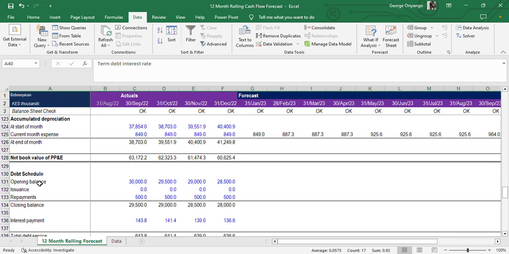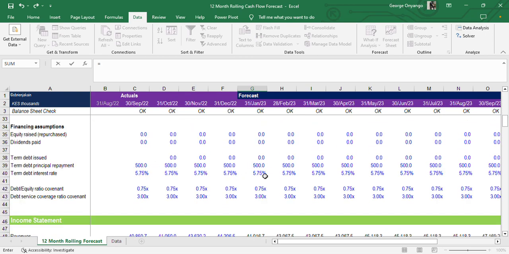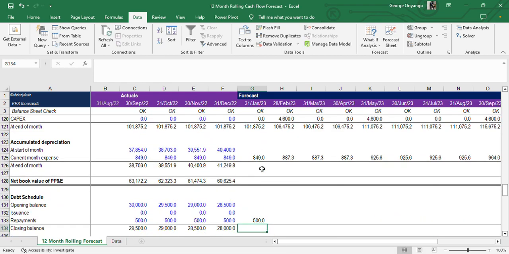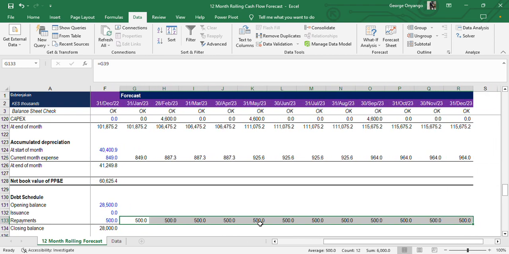We have now the dates. The date is here. Okay, the repayments we were given up here. The repayments is that, so we can simply fill that right and get the repayment for each month.